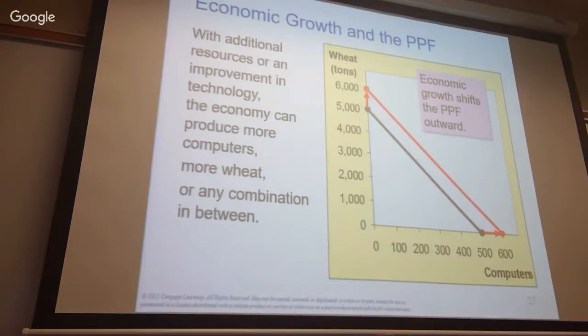Anything else? Better resources or more resources, right? So more land, more oil, more natural resources. Anything else? One more. More capital, right? Remember the factors of production: labor, land, and capital. So when those three factors are increasing, your PPF is going outward, and that's called economic growth.